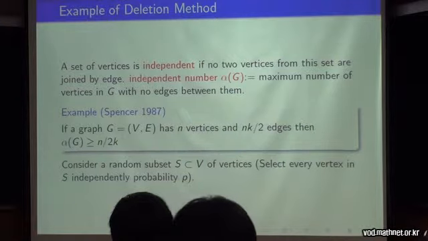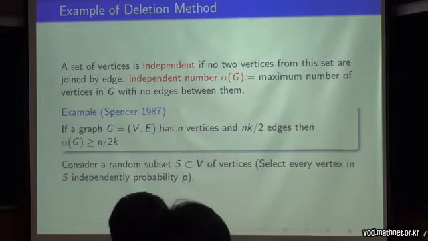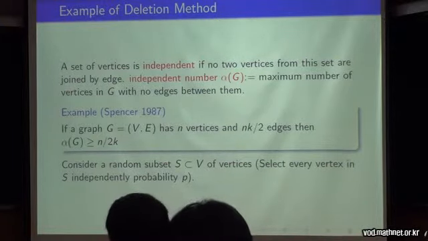Then, in 1987, Spencer got a bound on the independence number when the number of edges is given. To prove this theorem, we just consider a random subset.